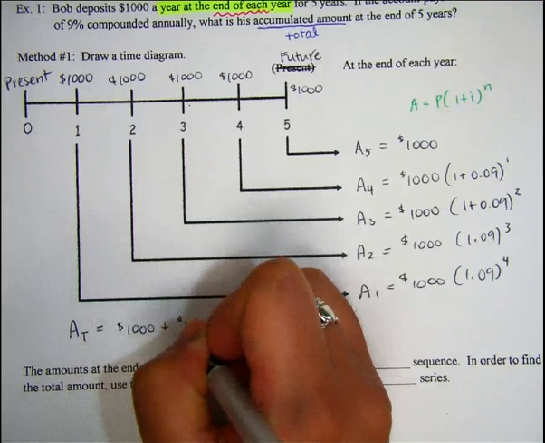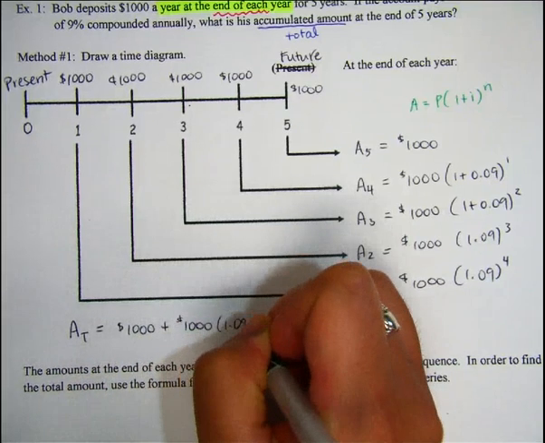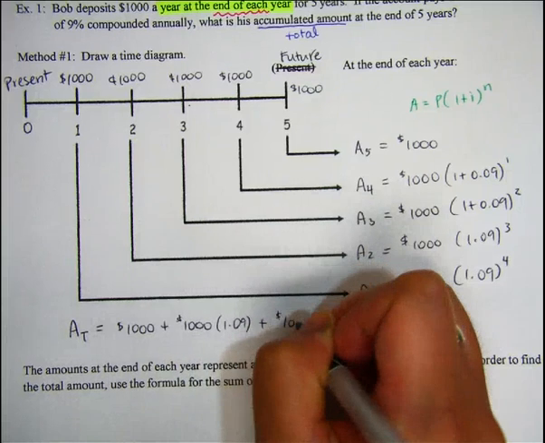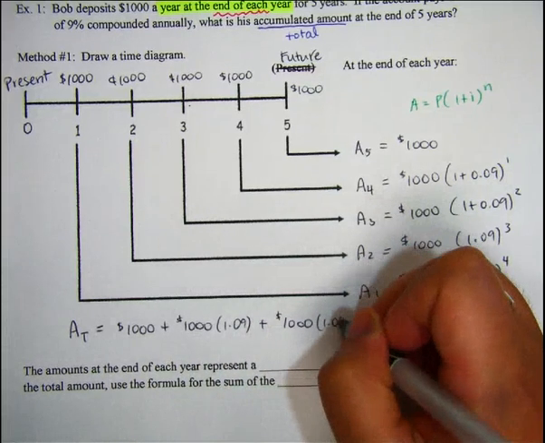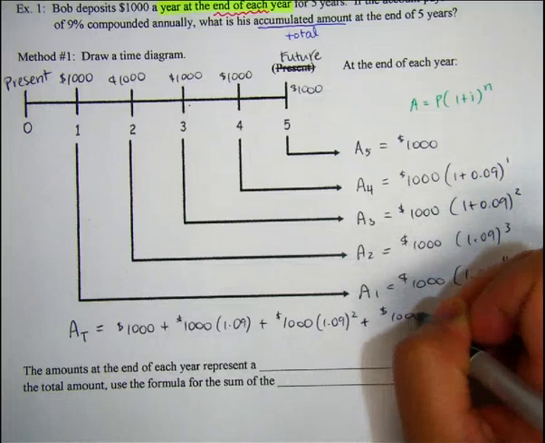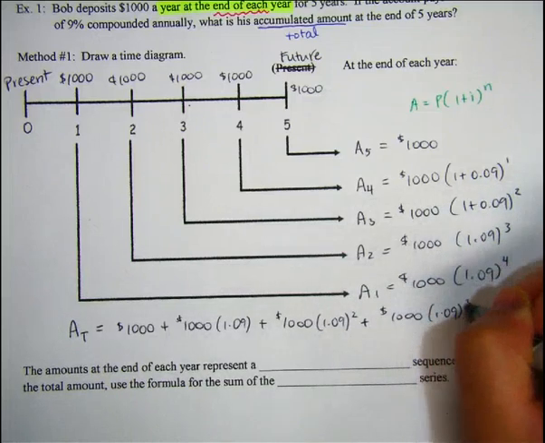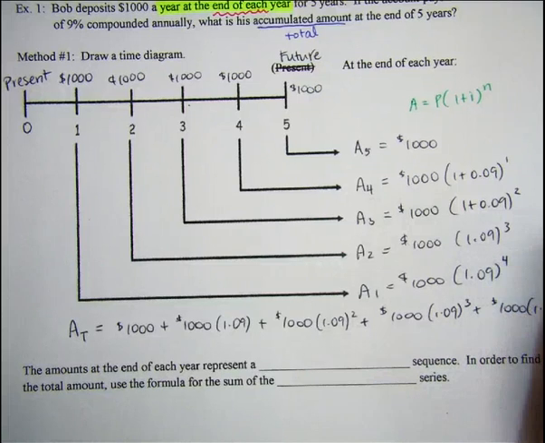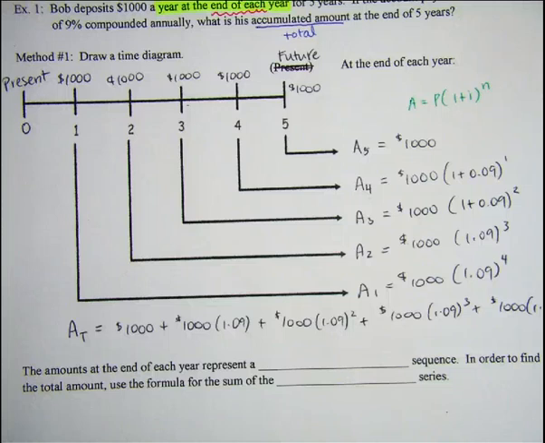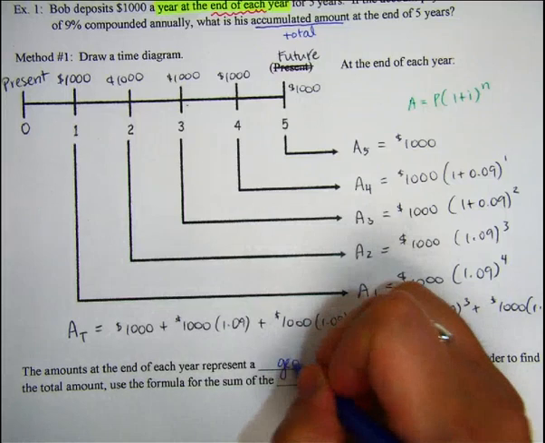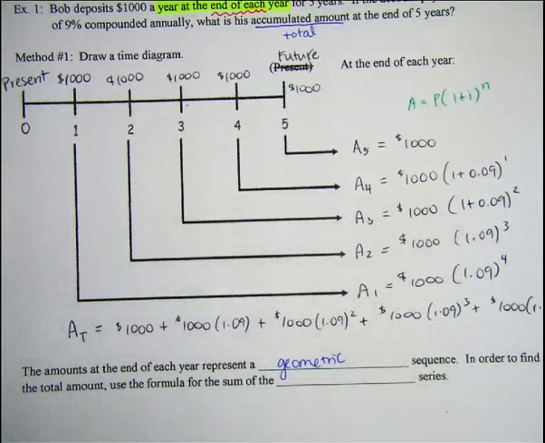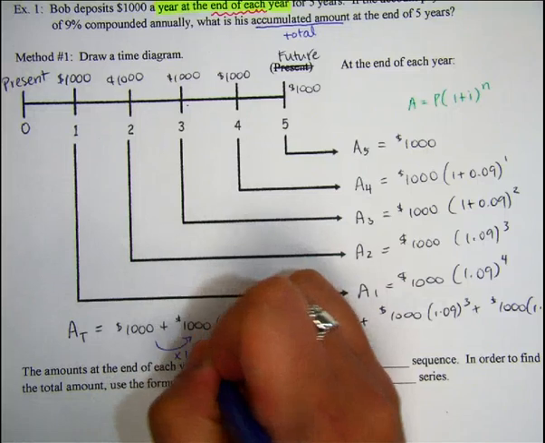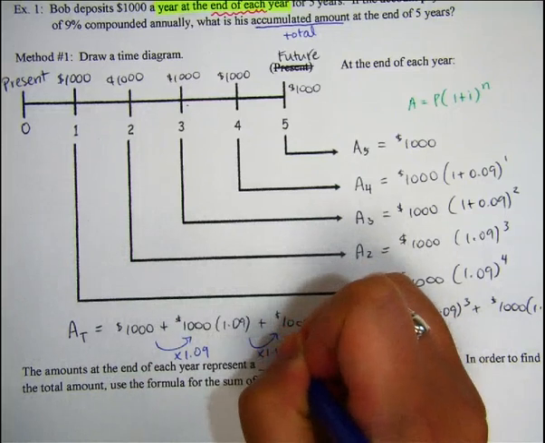So 1,000 plus 1,000 times 1.09 plus 1,000 times 1.09 squared plus 1,000 times 1.09 cubed plus 1,000 times 1.09 to the exponent 4. Okay. If you look at these amounts at the end of each year, you should notice that they represent a geometric sequence because we keep multiplying by 1.09.